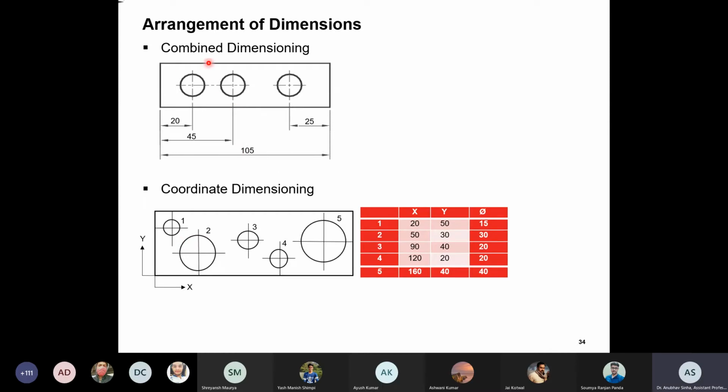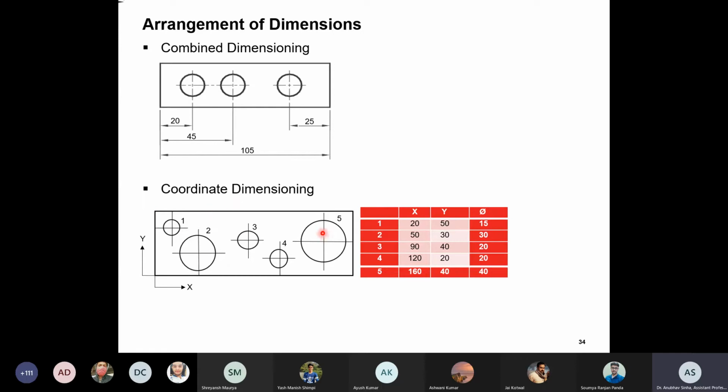Another way is combined dimensioning, where you can mix up the two. You can take a projection from the left side or right side, any side, and write the dimension. Another interesting way is to write dimensions according to coordinates.